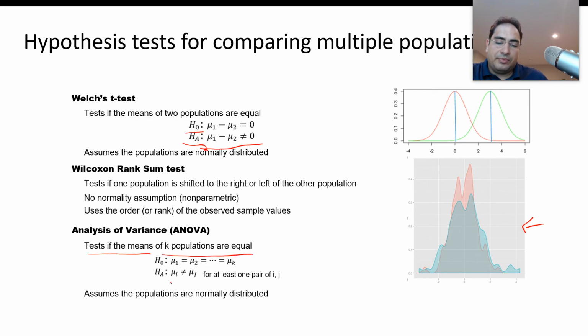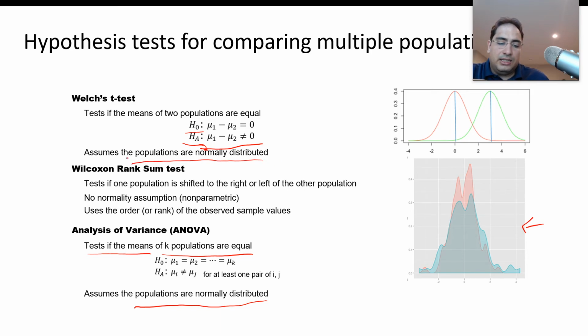The null hypothesis is that all the means are the same, and the alternate one is that for at least one pair of those populations, the means are not the same. And you see, in all these cases, we assume that the populations are normally distributed. Also here in the t-test, we assume that the populations are normally distributed.